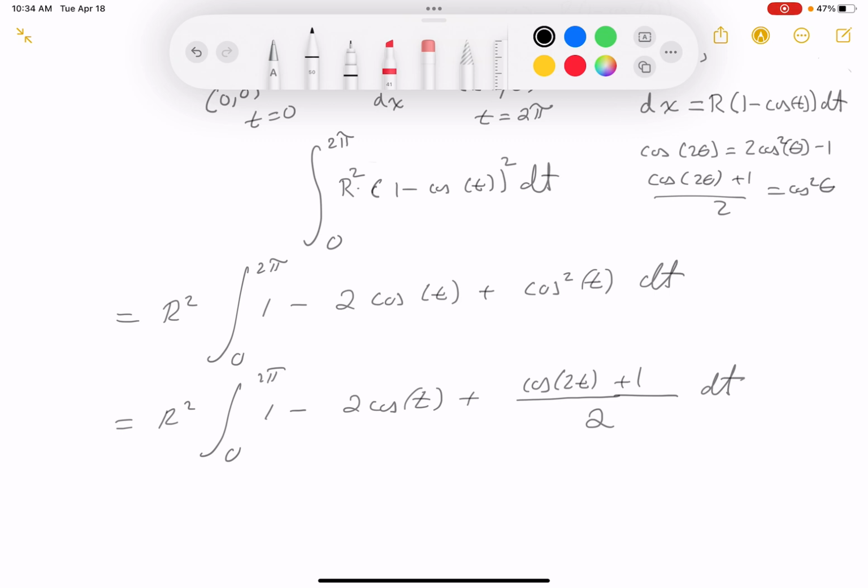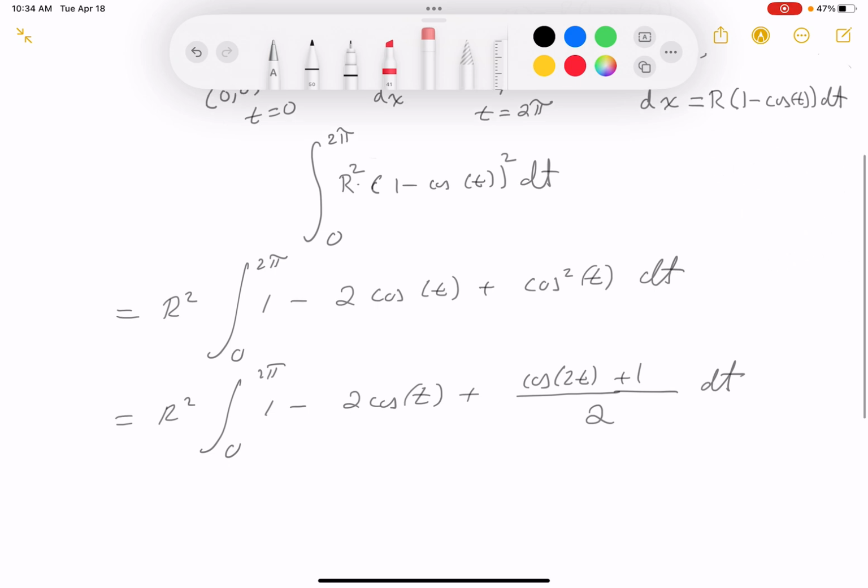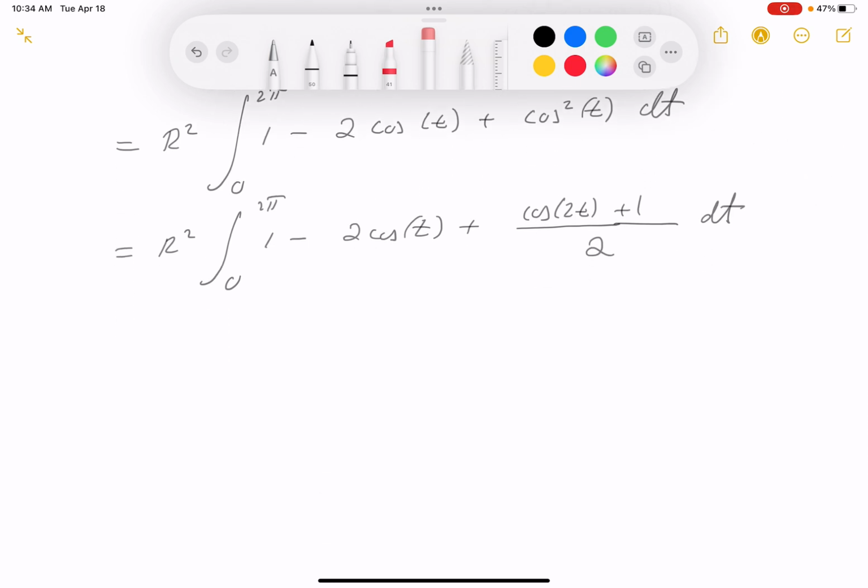All right? Let me get my eraser out. Since I can't remember things, I just write things down I can remember. I'm going to factor out the 2 on the bottom. And what do I get? I get r squared over 2, and then you're going to get 0 to 2 pi. This will be 2. This will be 4.